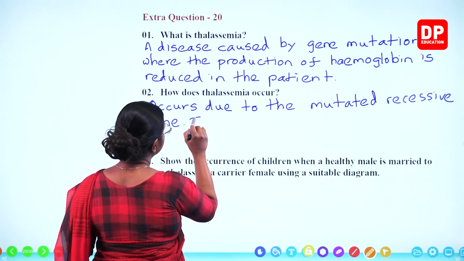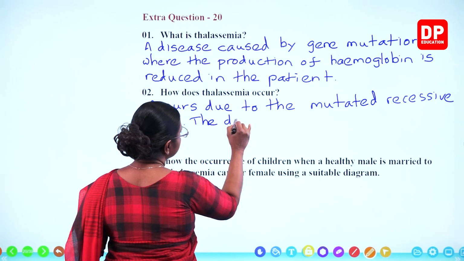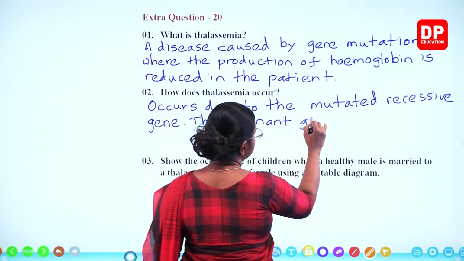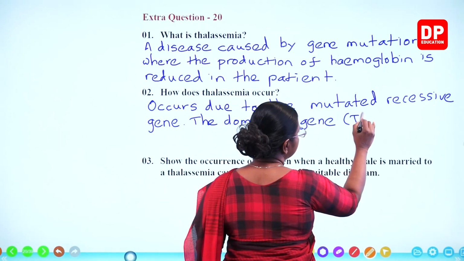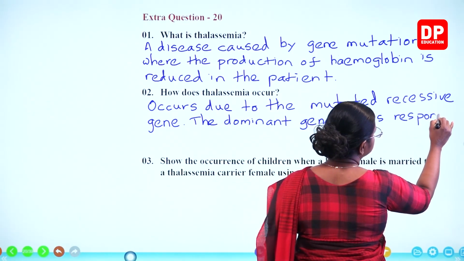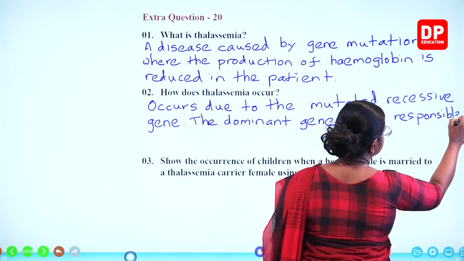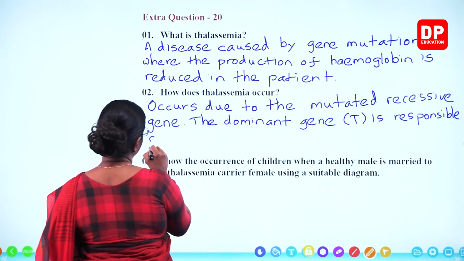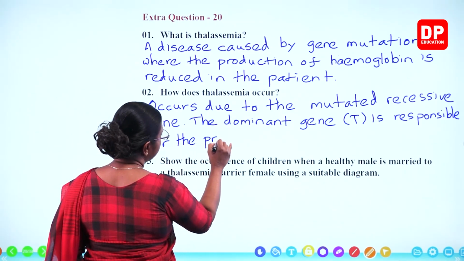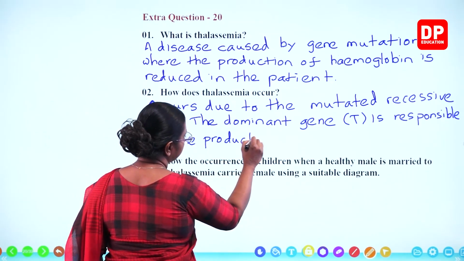So here the dominant gene, that is capital T, is responsible for the production of hemoglobin.